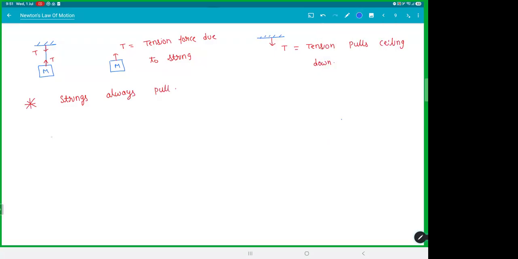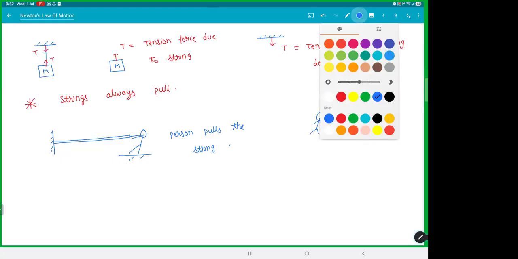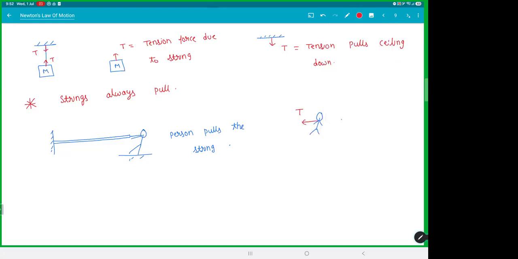If this was a string and let's say you're catching this and you're pulling it, the person pulls, the string pulls him back.